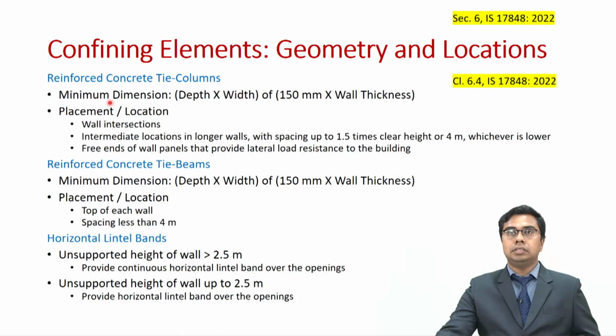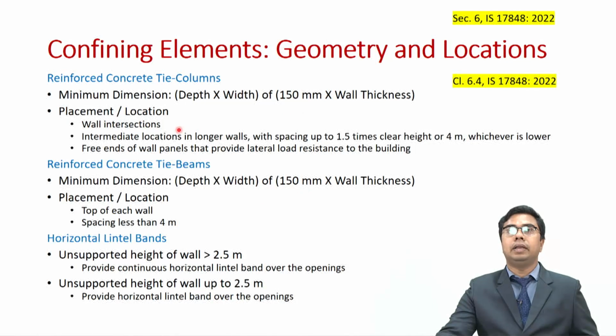The minimum dimension of these RC tie columns and tie beams, given by depth into width, shall be 150 mm by wall thickness. So, one of the dimensions of the reinforced concrete tie column as well as tie beam shall be equal to the wall thickness. The other dimension, that is the depth, can be anything more than 150 millimeters.